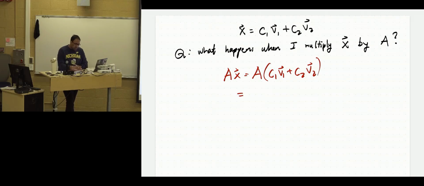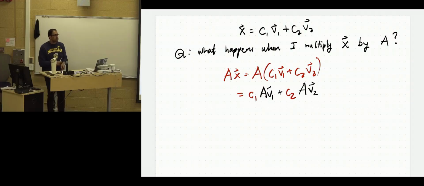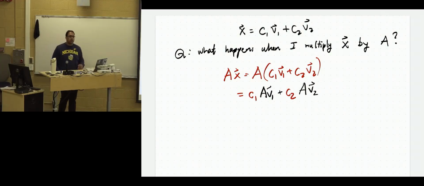But I can distribute the multiplication by A and write this as C1 times A V1 plus C2 times A V2. What does this simplify to, though?